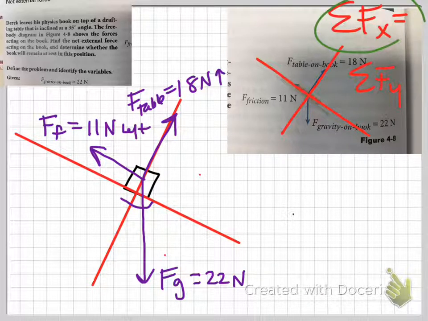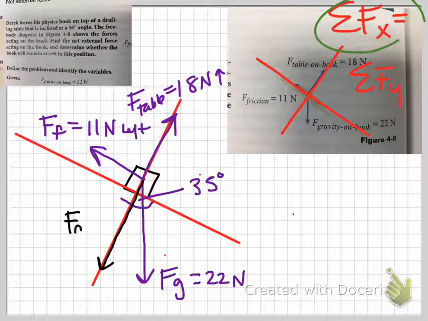So we've taken as an article of faith, or we've understood the geometric mini proof, that this angle is 35 degrees. And I'm going to draw my F of g y and my F of g x on here. And that's a step we're going to take again and again and again. We're going to continue to resolve these forces.